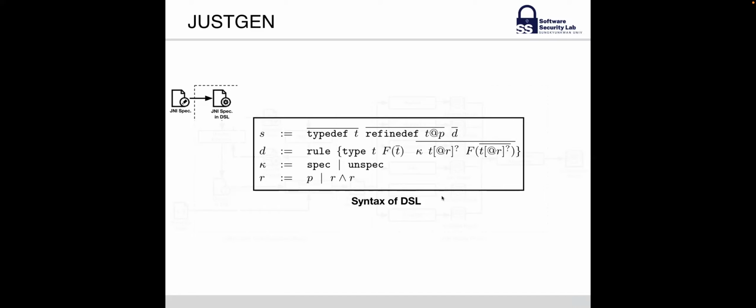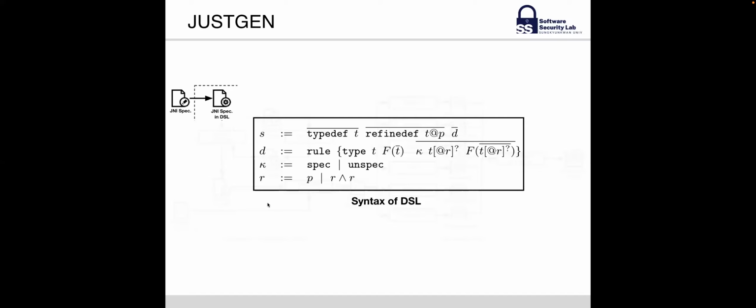We developed it so that it can represent the necessary information in JNI specifications, for example, function names, the types of parameters, and conditions for the argument values.